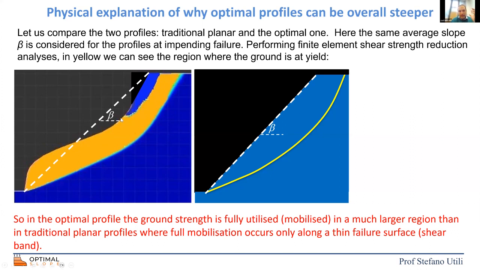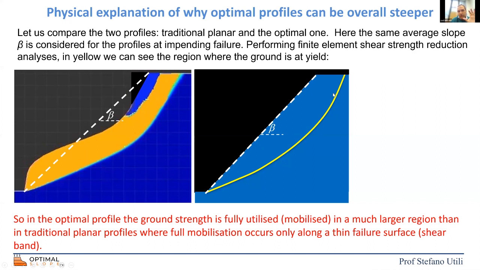In a nutshell, what I'm showing here is how much ground contributes to resisting the landslide. If you have a typical planar profile, just to keep it simple, of course you could have faults, you could have joints, but here we want to keep it simple because it's more about the conceptual explanation.